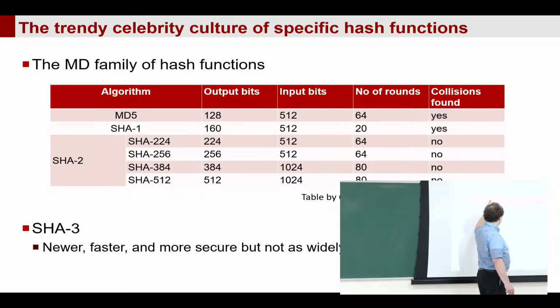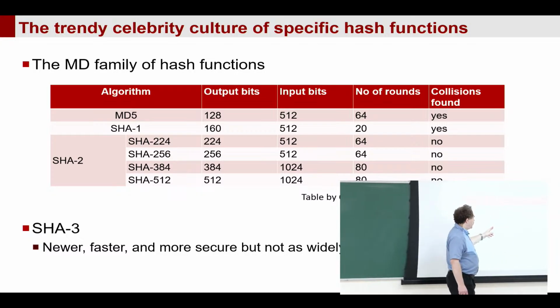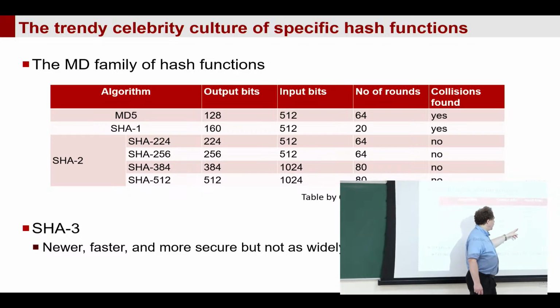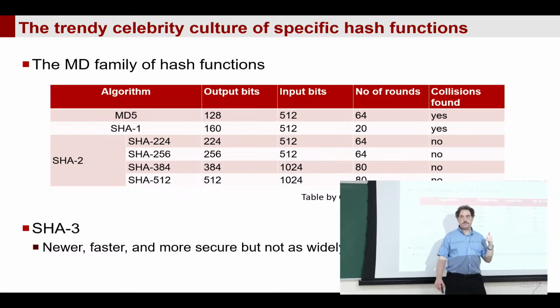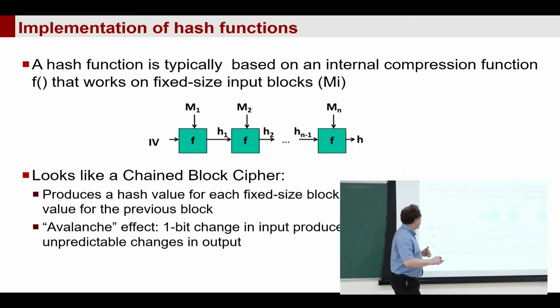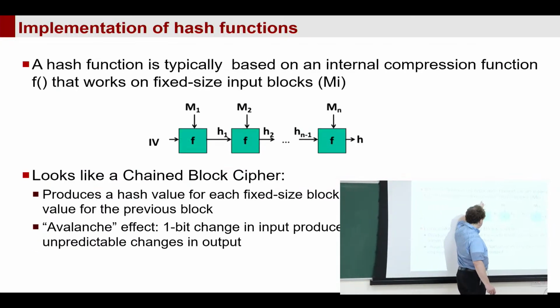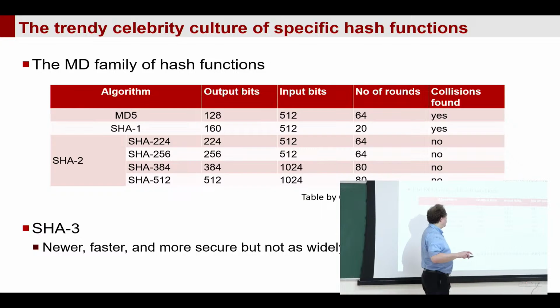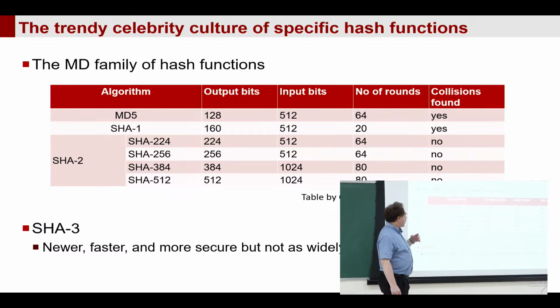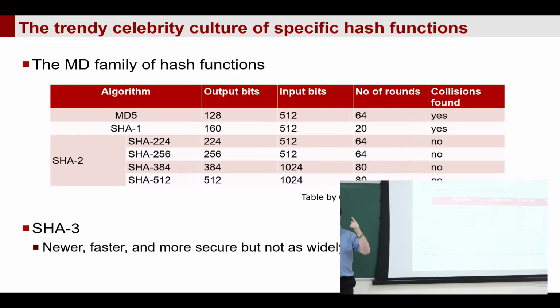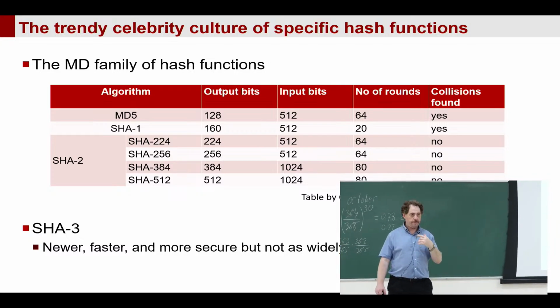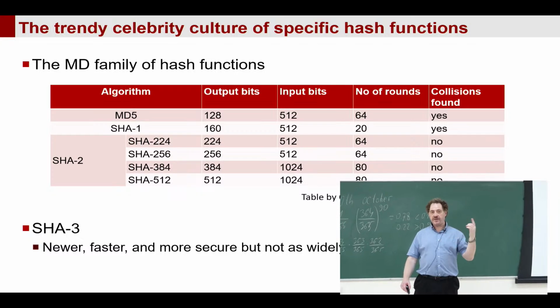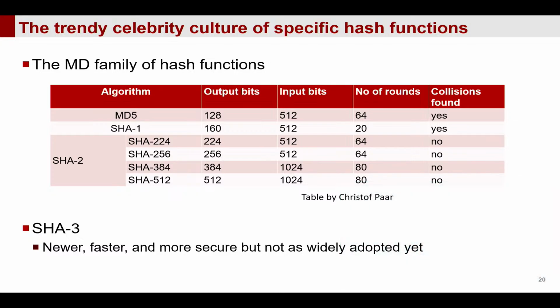What you see here in this table is the algorithm, the number of output bits, and the number of input bits in the block, that is, the size of this block. Again, the total input can be unlimited. Each hash function calculates many rounds, trying to scramble the bits: it takes one round of calculation on the input block, and then another round and another round.